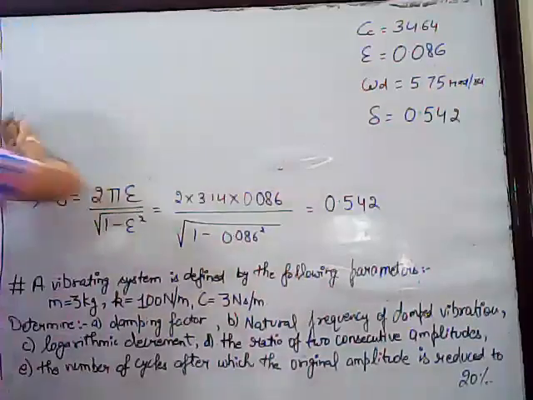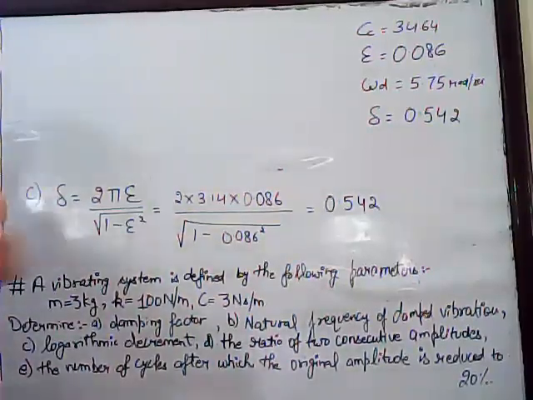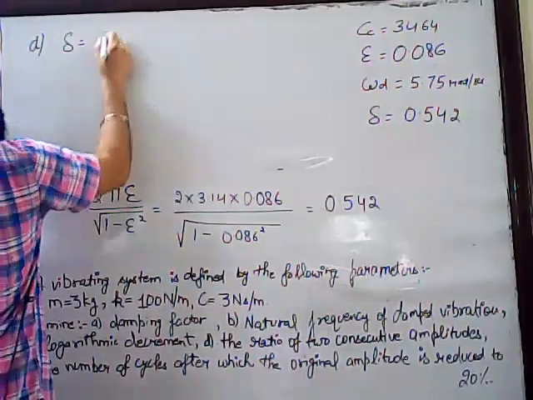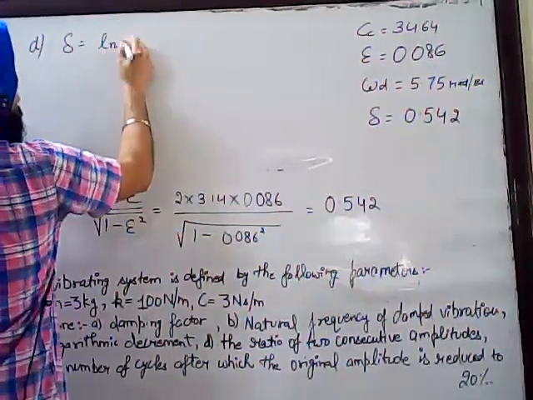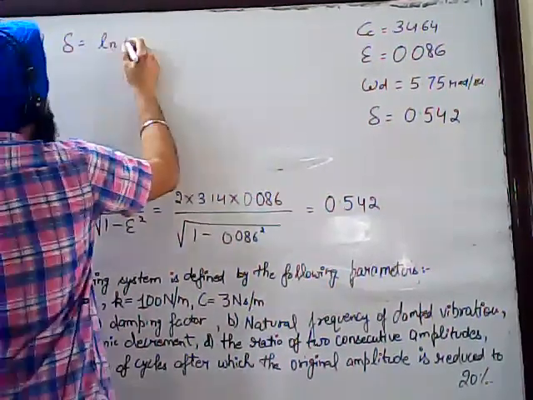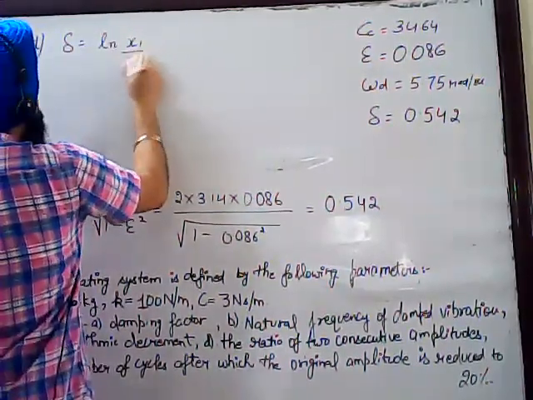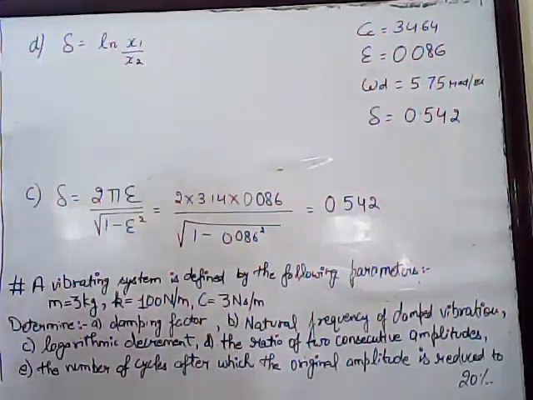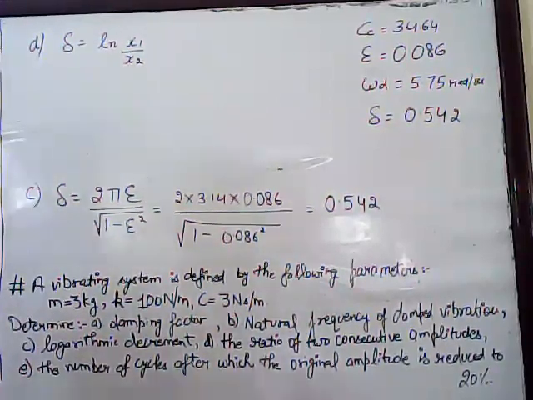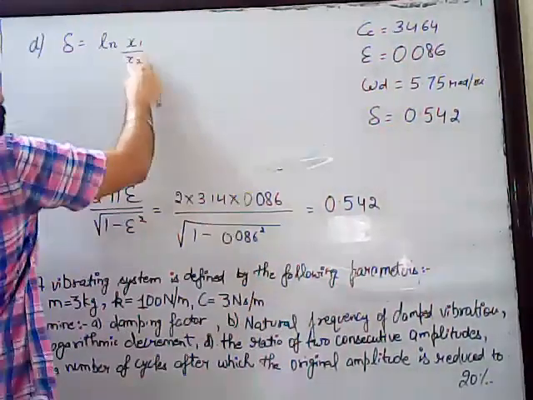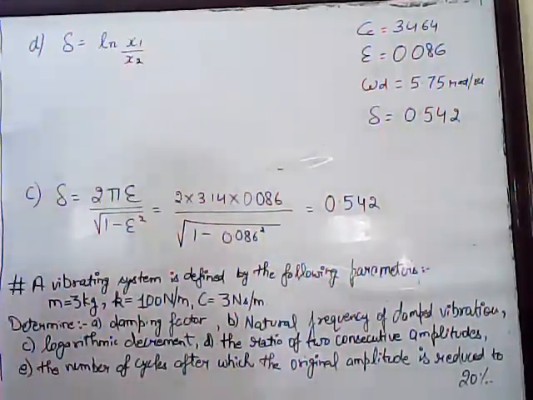We know that logarithmic decrement delta is equal to natural logarithm of x1 by x2. It is the natural logarithm of the ratio of two successive amplitudes. So we have to find the value of x1 by x2.